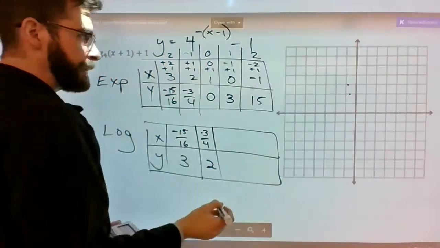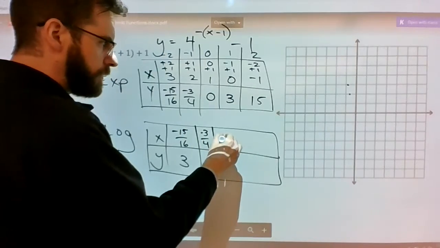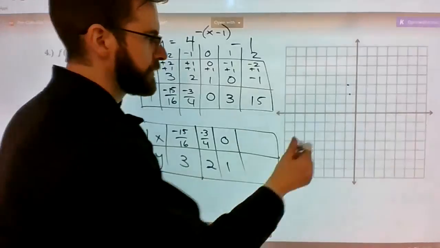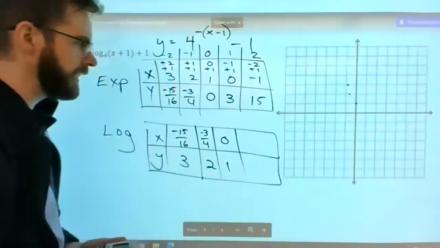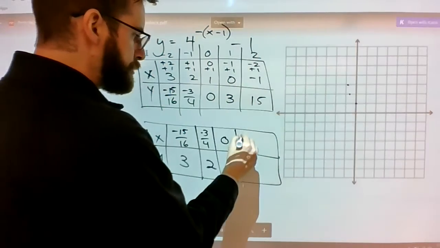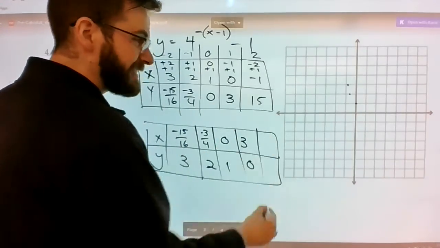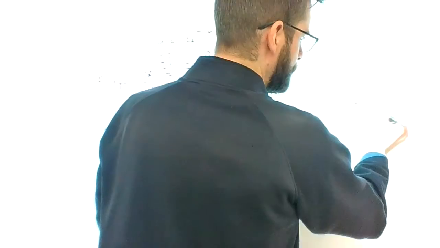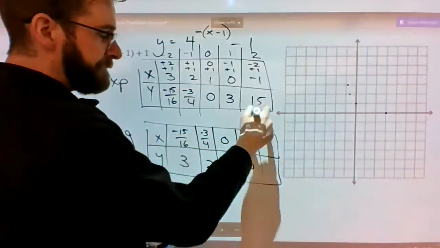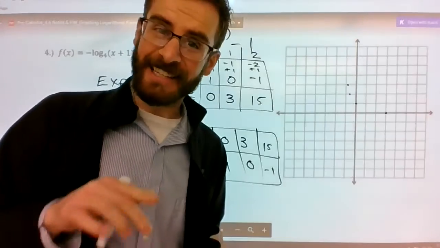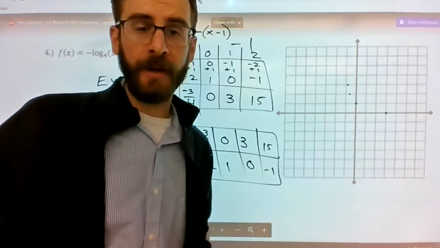Yeah. You plug in 0 now. It's no longer the y coordinate but the x, and you get 1 out of that. So 0, 1 is a point on there. And then you've got 3 now as my x coordinate. 3 corresponds to 0, 1, 2, 3. And then 15 corresponds to negative 1. Suffice it to say it takes a long time to get all the way down to negative 1.